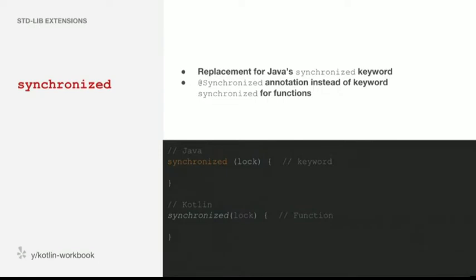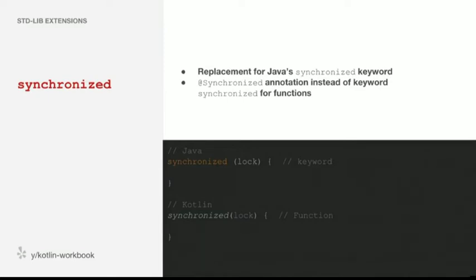Another thing that is no longer available in Kotlin is the synchronized keyword. So if you are inside a function, you cannot use the synchronized keyword. Instead, there's an extension function which reads exactly the same as the keyword in Java, but it is actually a function. It's used exactly the same.